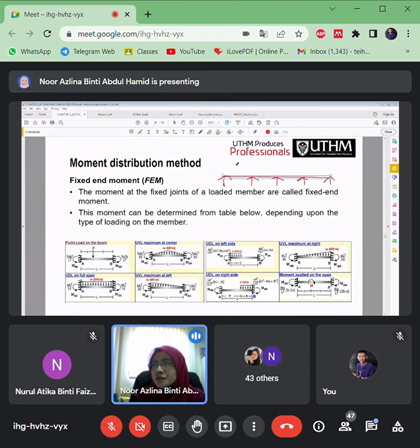This first span is loaded with a point load that is not eccentric, not at the center. It has a length of A and a length of B here. So you need to analyze this first span to get the FEM, with the end moment equal to P A power of 2 B divided by L power of 2.